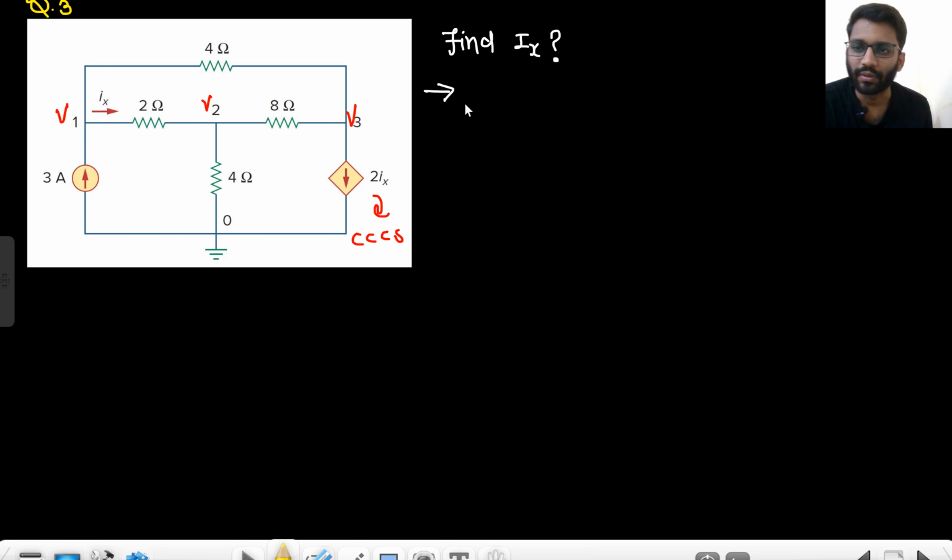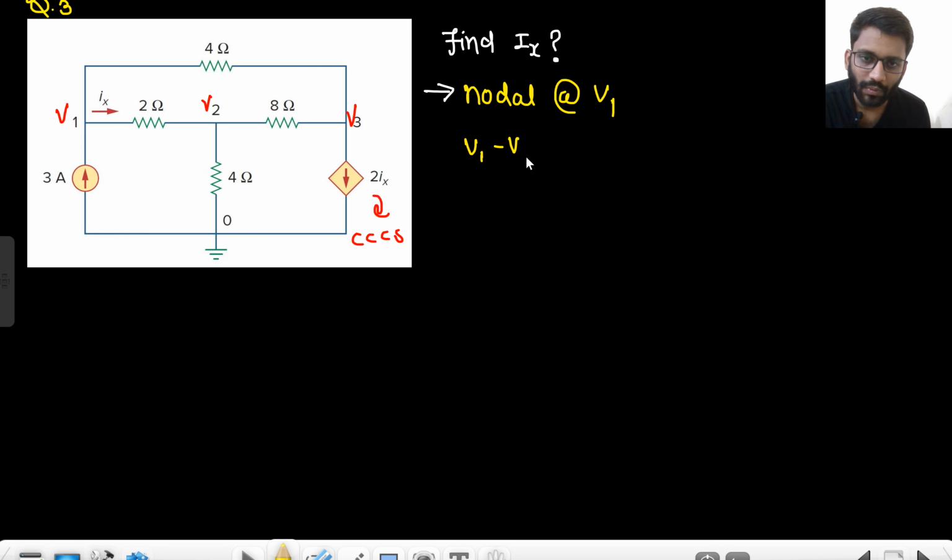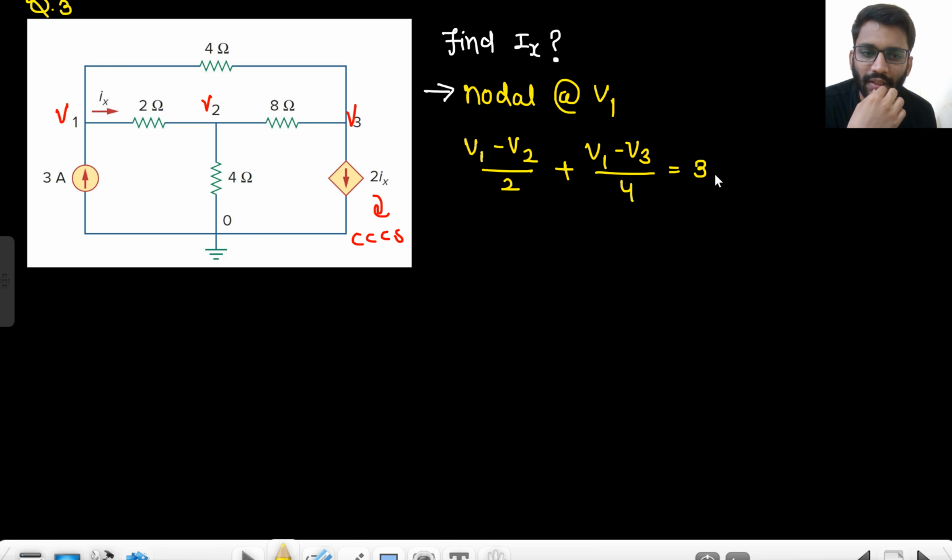So nodal at V1: V1 minus V2 by 2 ohm plus V1 minus V3 by 4 ohm equals 3 ampere. Are you getting it? Equation 1.